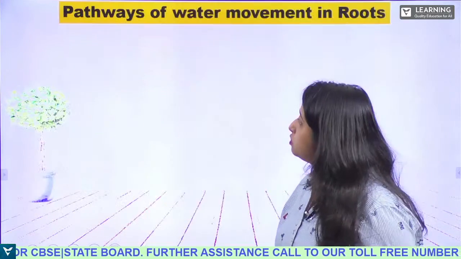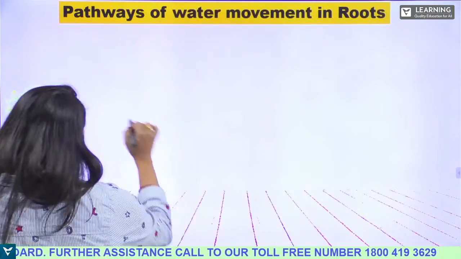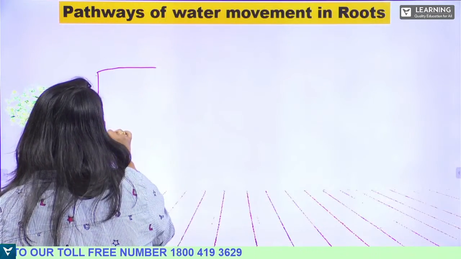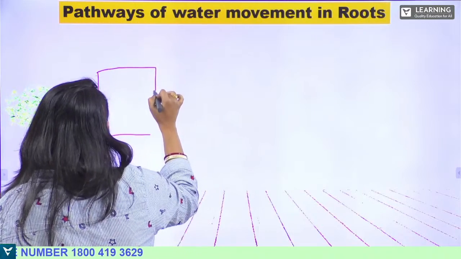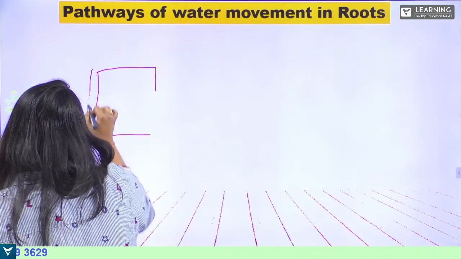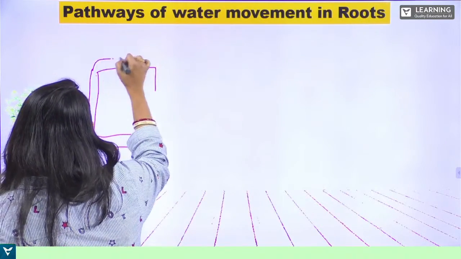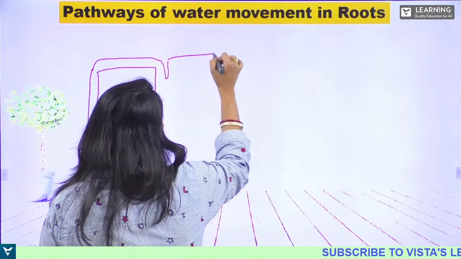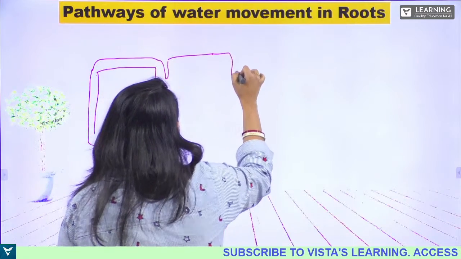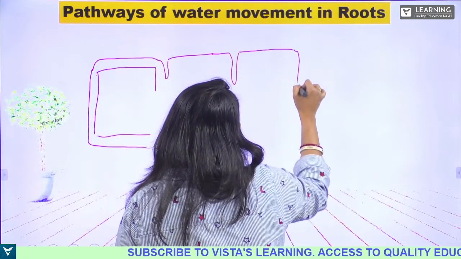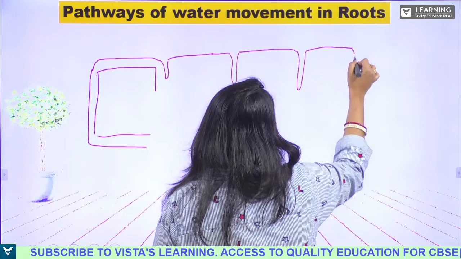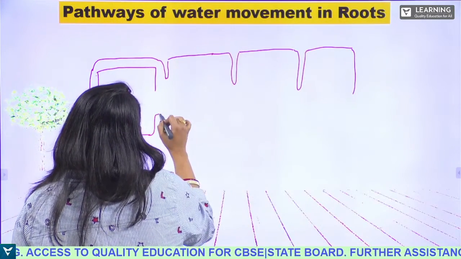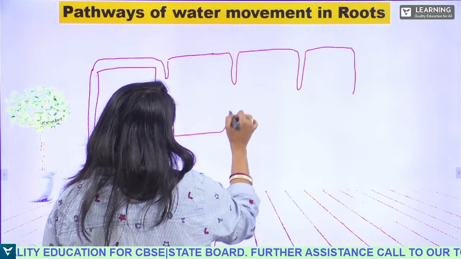Okay, I'll explain. So see, pathways for water movement. Let us draw the various parts. The first one is epidermis. After the epidermis, what is present? Cortex, then endodermis, then pericycle, right? How is it?